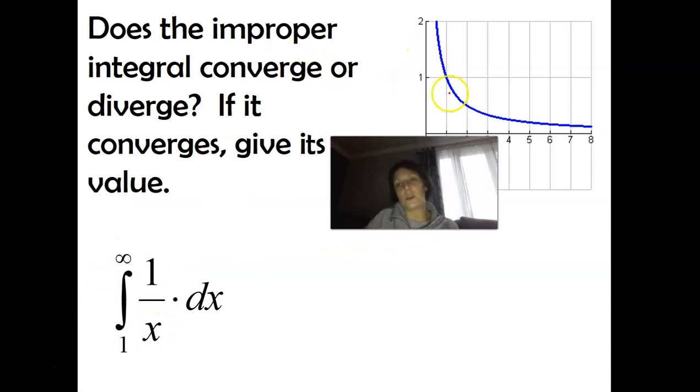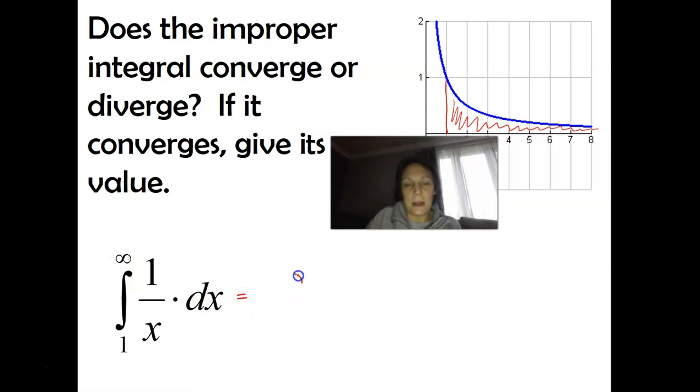So I have the function 1 over x, which we see is decreasing, right? So I can't instantly say anything about it. It's decreasing. Maybe this area between 1 and infinity is finite. Maybe it's not. I have to evaluate the integral and find out. Okay, but I can't instantly integrate this because I've got this problem, right?